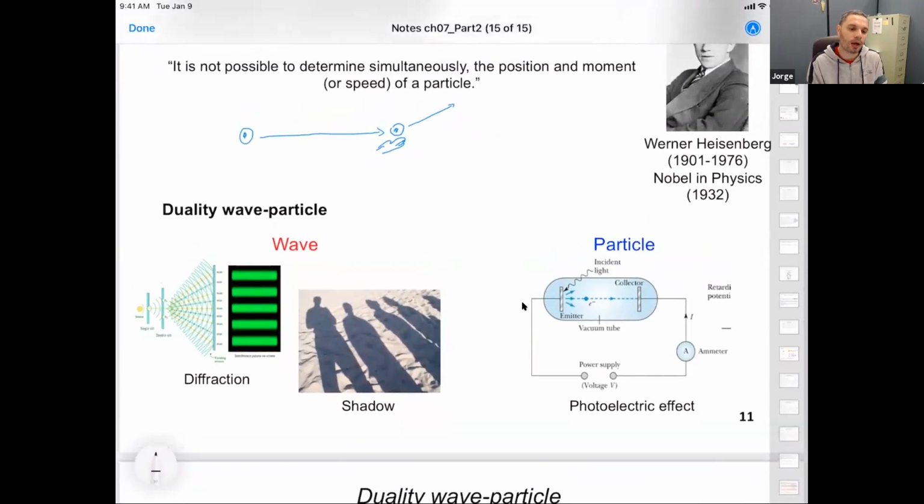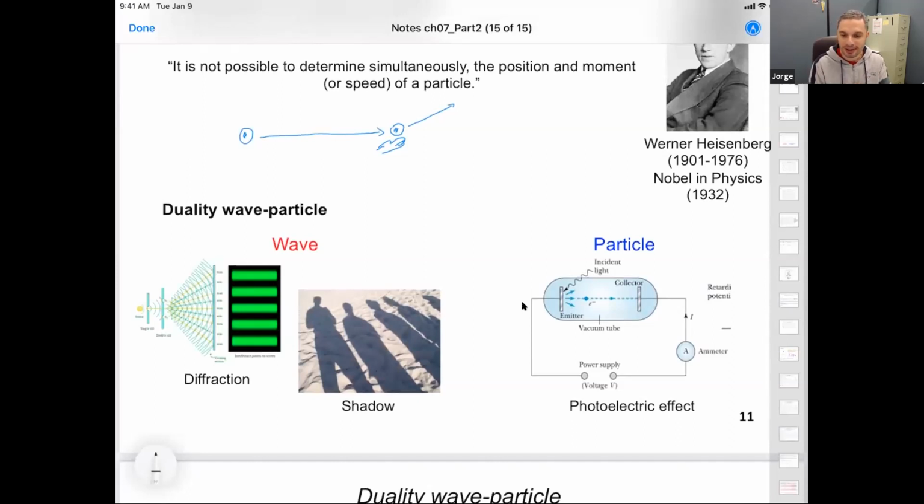Some people advocated for a wave nature of light because light behaves as a wave when there is diffraction and the formation of shadows. So therefore, light is a wave.